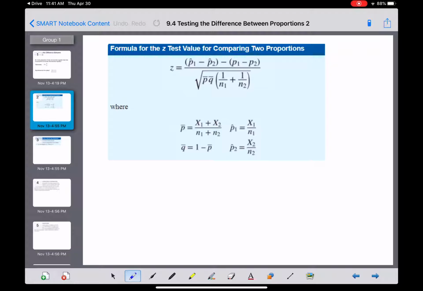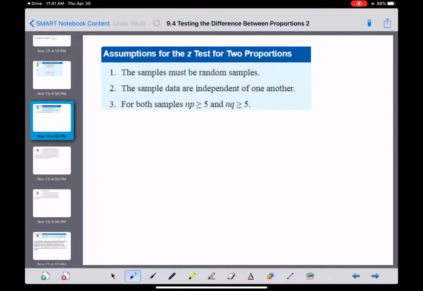And then q bar is just 1 minus p bar. Our assumptions for the z-test for two proportions: samples must be random, independent, and n times p is greater than or equal to 5. That's what you always see for proportions.